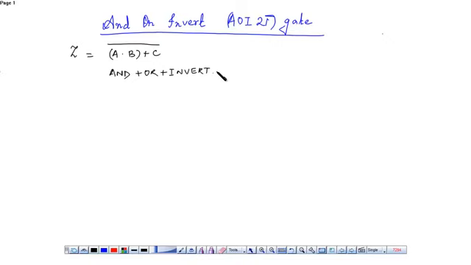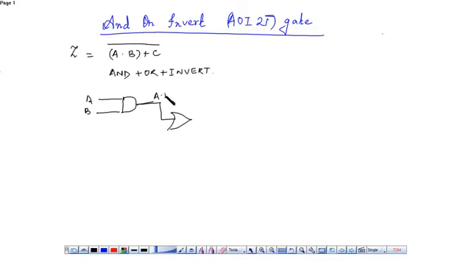Now the AND-OR-invert is drawn as, this is the AND gate. The input to the AND gate is A and B. Output is connected to the OR gate.